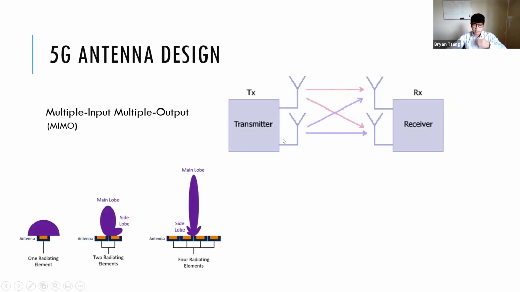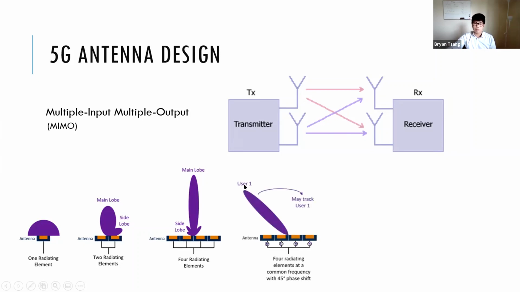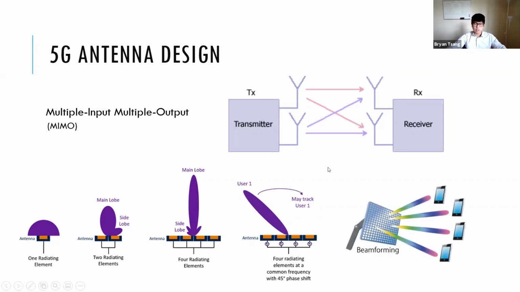What's really interesting is we can group up elements in an array fashion and direct the beam, so we get a more narrow beam width. And we can add some phase shift to that to steer the beam in the direction that we want to point it. And these 5G antennas, like the towers, can do this to pinpoint receivers.